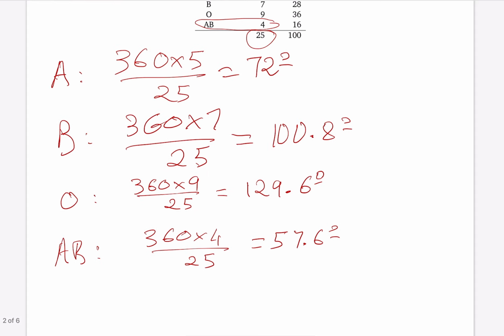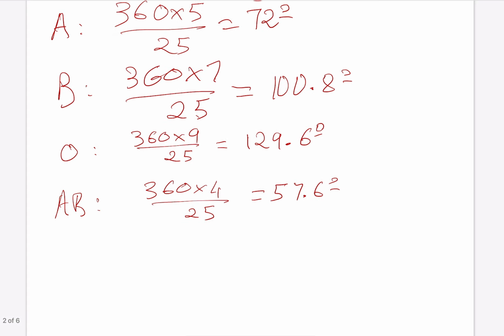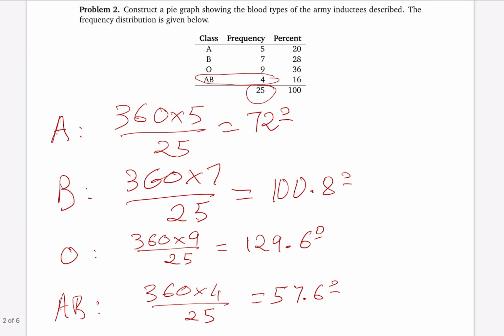You also have to make sure to make all the frequencies into percentages. Our frequency is not in percentage yet, but they already give you the percentage, so we don't have to calculate it.